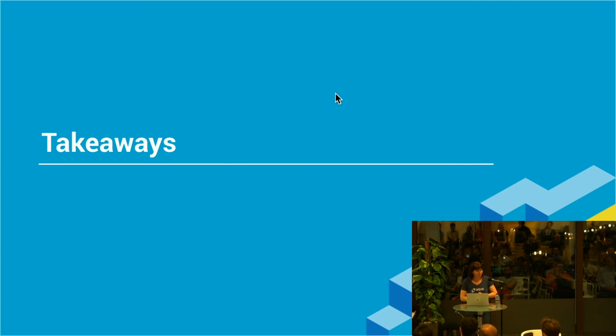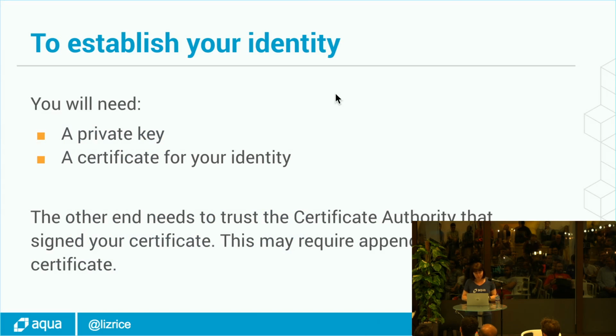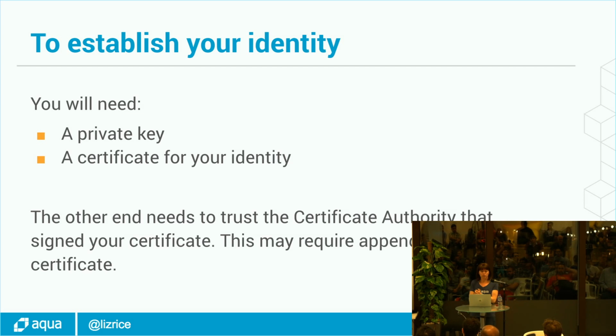So, a few things to take away from this talk. In order to establish your identity, you're going to need a private key so that you can decrypt messages sent to you, and you're going to need a certificate that you can give out that contains a corresponding public key, and whoever signs that certificate has to be trusted by whoever is going to read that certificate.